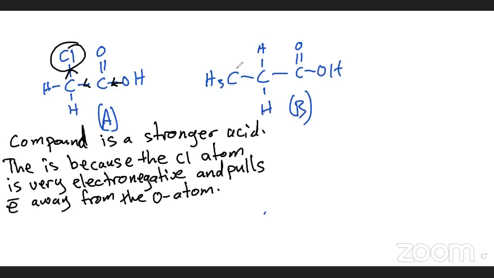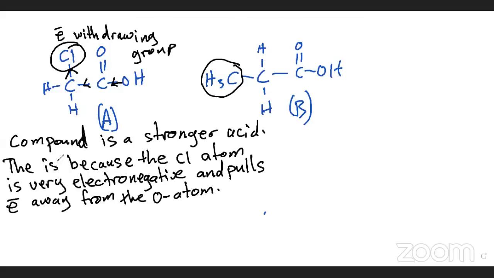Compound B, this group, remember when we did benzene, the chlorine is on what? It's an electron withdrawing group. So all you need to know, once you spot chlorine, just mention that it is pulling electrons away from the oxygen, so it cannot pick up the hydrogen easily.